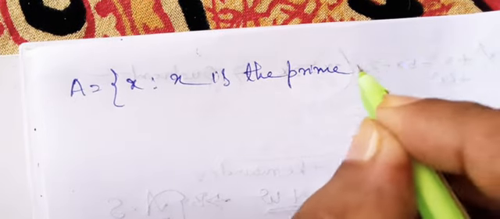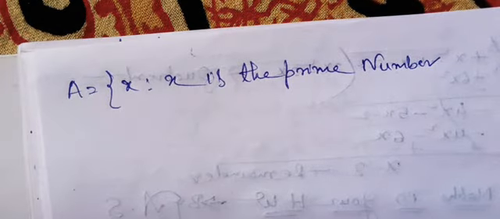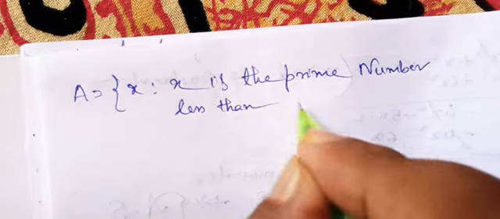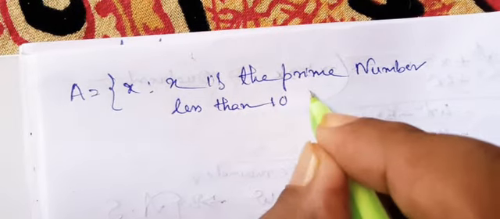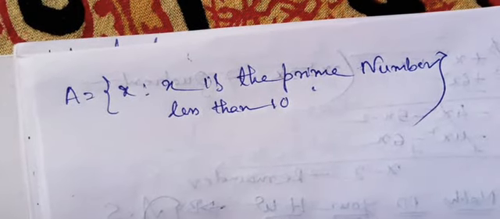We are writing a set like this: A is denoted by {x : x is a prime number less than 10}. So this is the form.